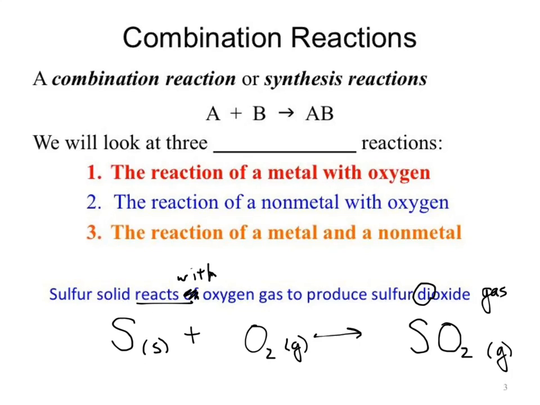Now we can go through and try and balance our equation. How do we start? Sulfur, how many sulfurs? 1. Why is it not 2? Why is it that 2? What are you saying? You're right.